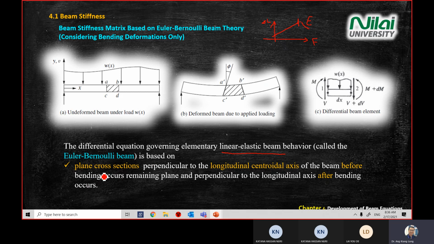A few textbook terms that you should become familiar with when you start studying chapter 4 on beams. The first is plane cross section. You know what a cross section is, right? Perpendicular to the central axis. Longitudinal means if you have an x, right?